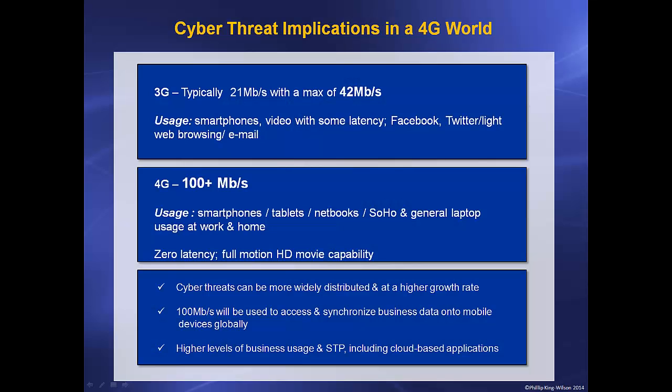As we've said, in terms of cyber threats and their future impact, the rollout globally of 4G networks will also change the security landscape. Where bit rates will be the same as for more generally used wired and Wi-Fi networks with 100 plus megabits per second, these new wireless networks facilitate the same capability as the traditional ones.